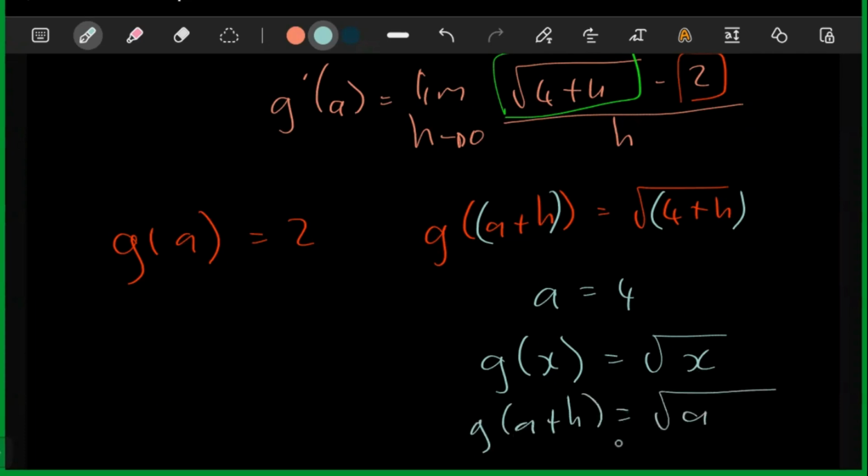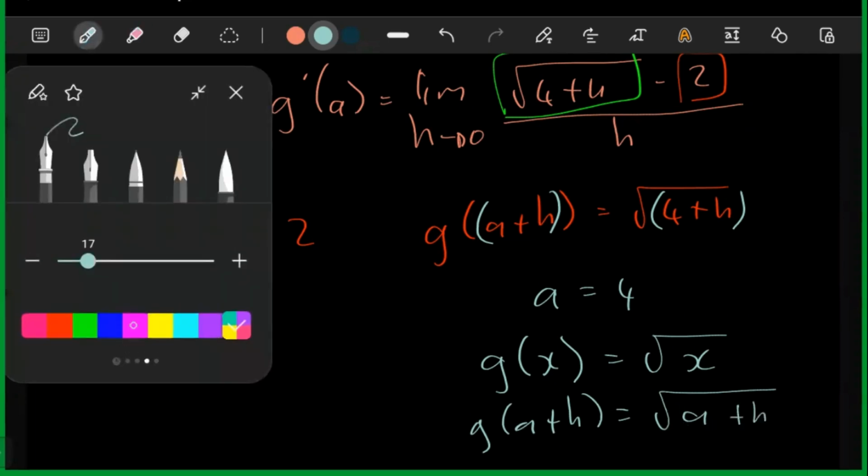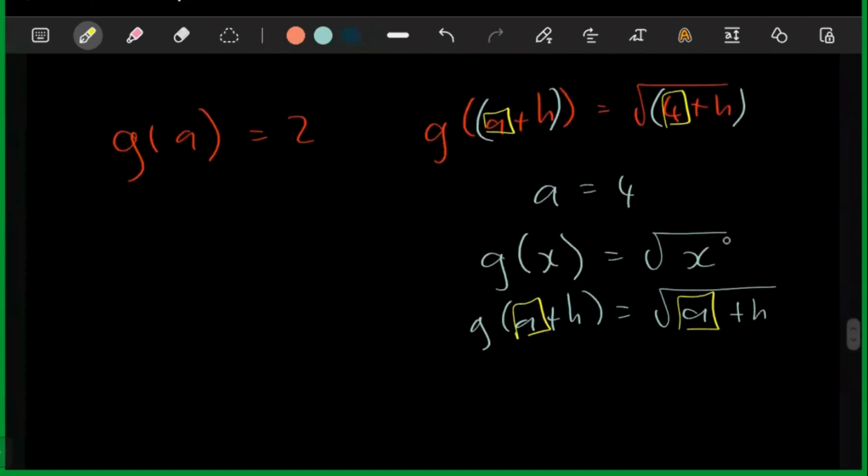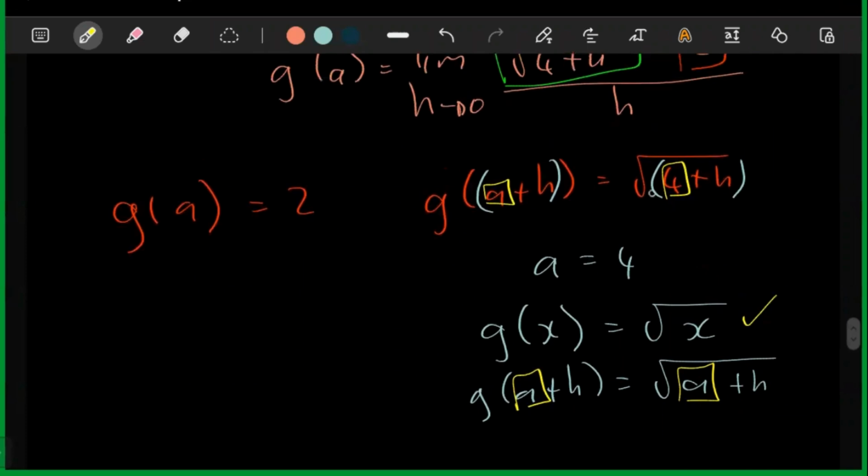If g of a plus h is equal to square root of a plus h, it means that whatever this number is, it's whatever this value is over there. So whatever this a is, it's whatever this 4 is over there. And we've gotten the equation of g, we've gotten the value of a, which is perfectly fine, given the circumstance.